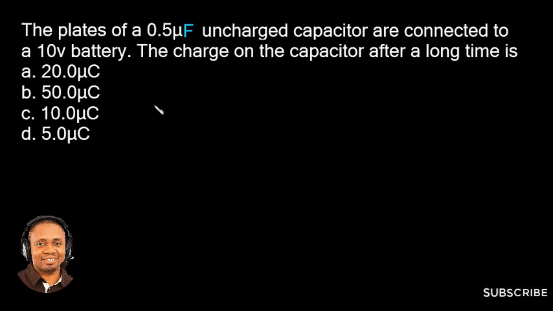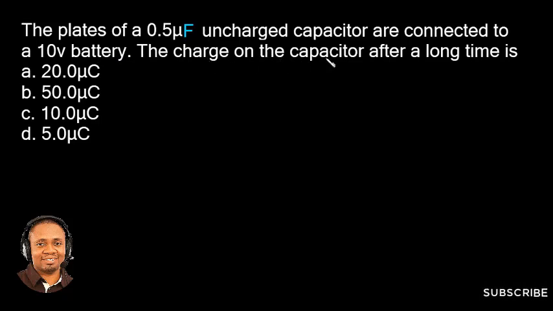This is question 36, JAMB Physics 2018, which goes thus. The plates of a 0.5 microfarad uncharged capacitor are connected to a 10-volt battery.